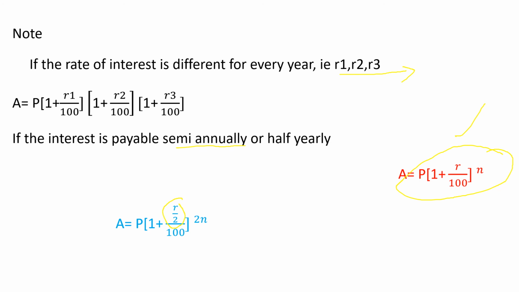Okay, so how many formulas have we learned here, children? We have learned the formula for amount, then the formula for compound interest, and the formula when the rate is different. Now for half yearly, we have seen how to calculate. In the previous class, we already saw the simple interest formula.